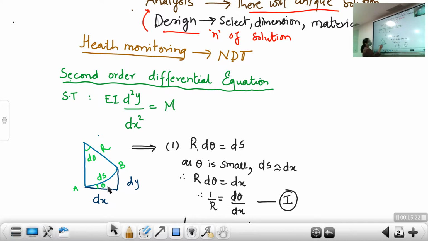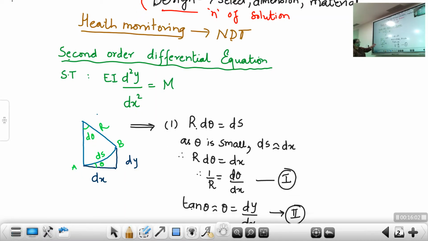Now this theta is very small, and hence you can write r d theta is dx, because ds tends to dx as theta is very small. So you replace ds with dx and you can write this as 1 by r is equal to d theta by dx.